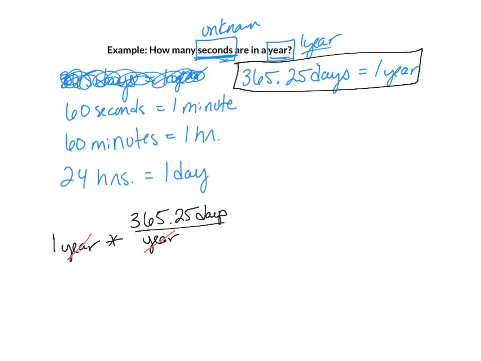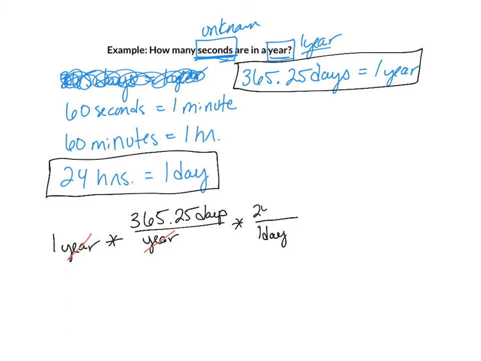So now I'm going to look for another equality that'll take my days and cancel it out. So this guy will do that, right? And so here we go. We can say that 1 day is 24 hours. Good. So by doing that, I can cancel out days.